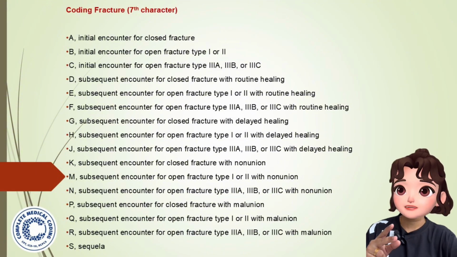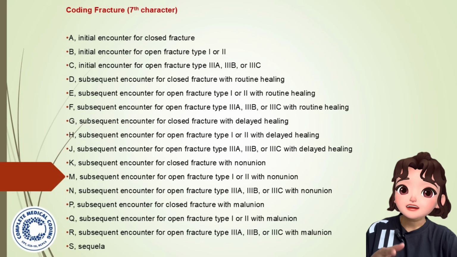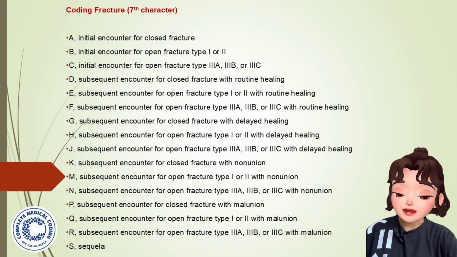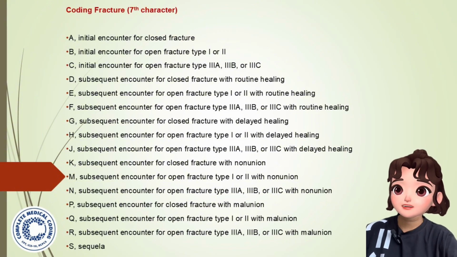The second one is open fracture type 1 or 2 and the third one is open fracture type 3, A, B or C. And D, E, F for routine healing, G, H, J for delayed healing, K, M, N for non-union, P, Q, R for malunion, and S always represents the sequela. Okay, so we just have to remember all this.